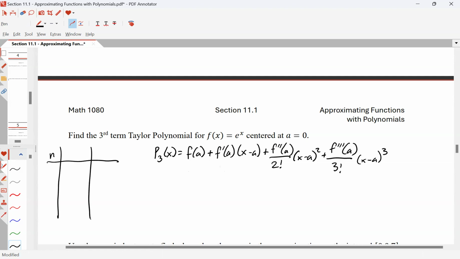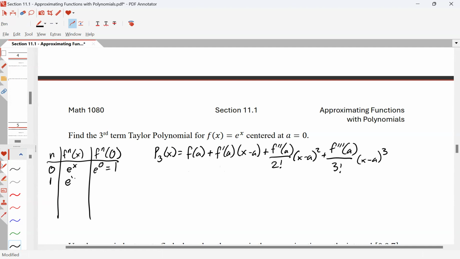Using our table to find these derivatives, and find the derivatives at the center 0, our regular function is e to the x, and e to the 0 is 1.